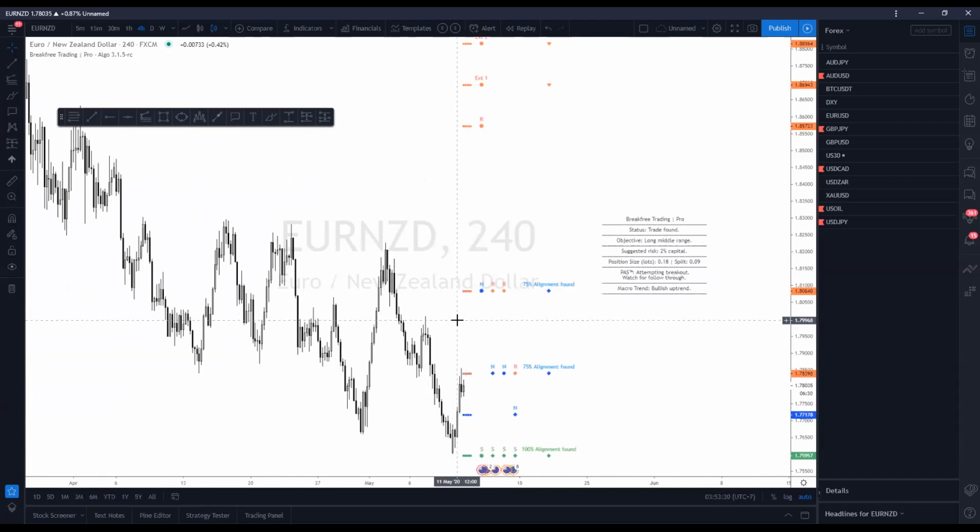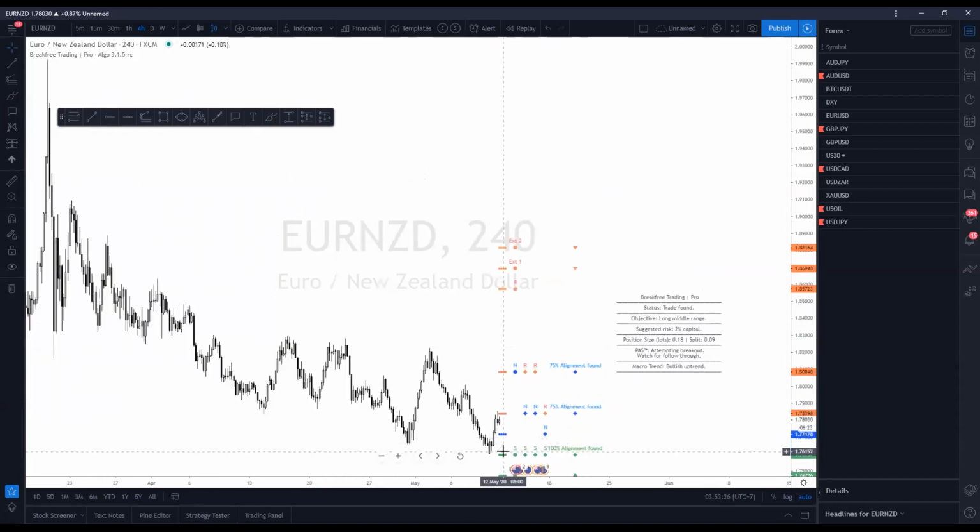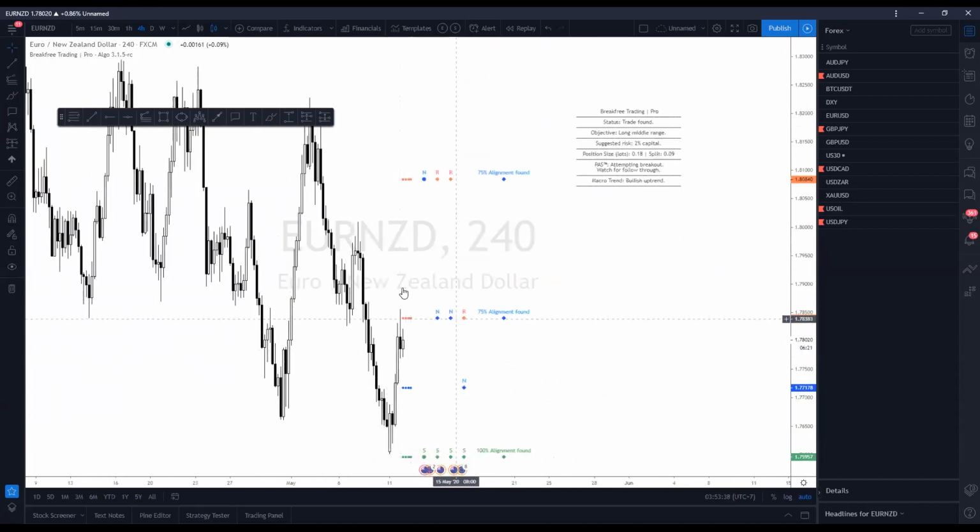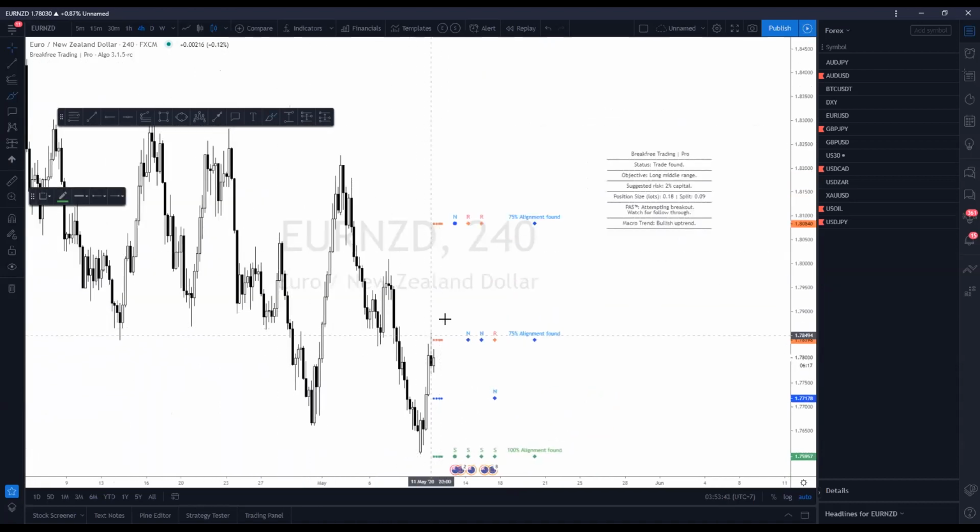It all depends on your style, how you want to trade. But I'll be looking for buys here, either down here or a break on this resistance. So we'll wait for a break here, and then take it up here.